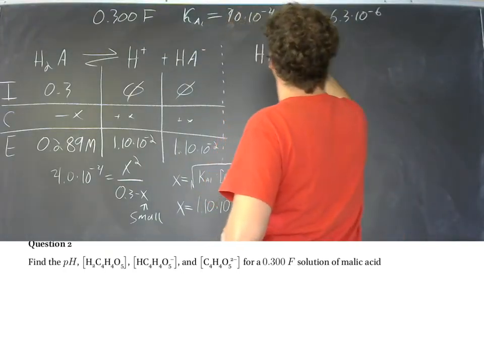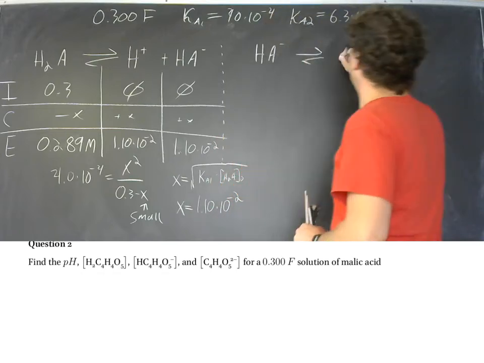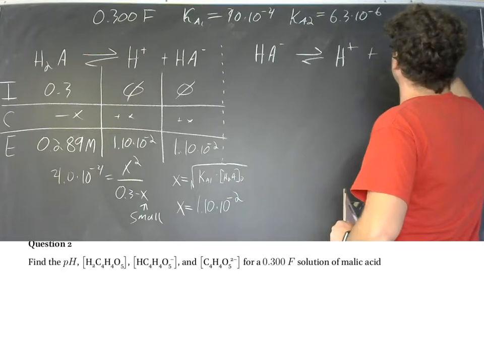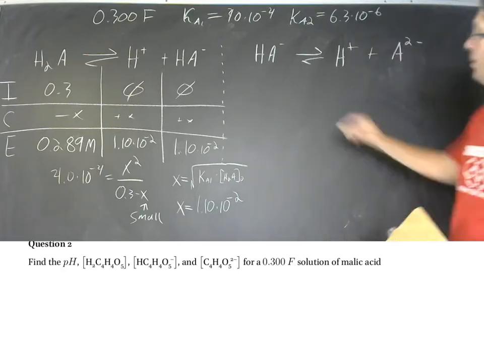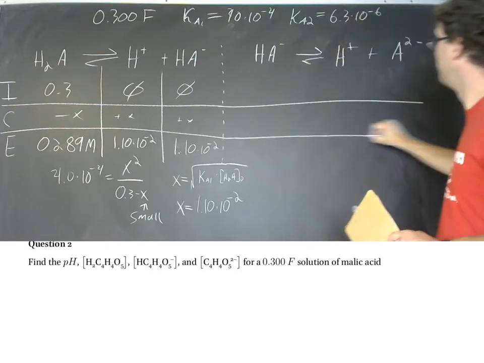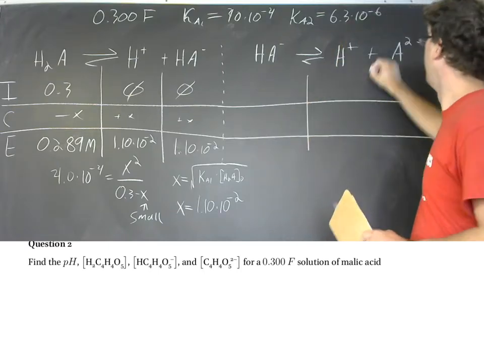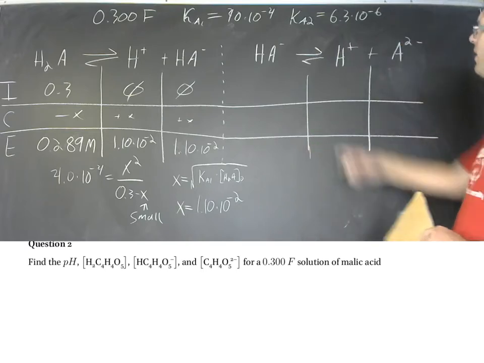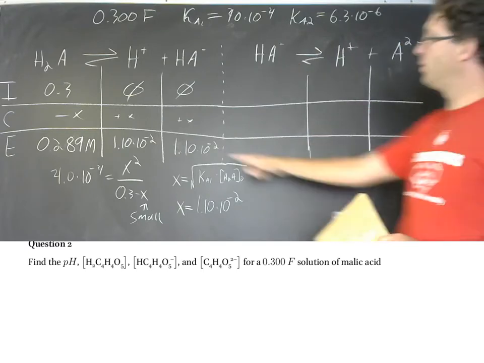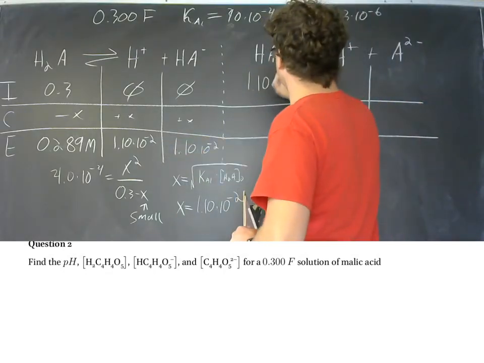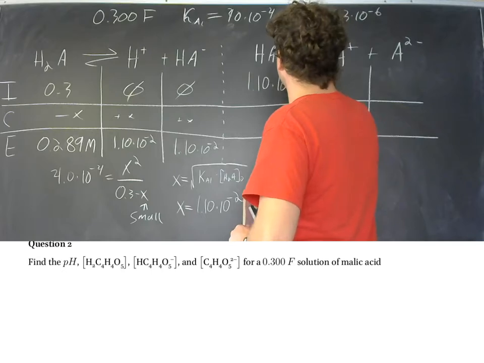HA minus in equilibrium with H plus plus A2 minus, the second protonation of malic acid. Okay, and now what is our initial concentration here? We'll take it from our first ICE table, 1.10 times 10 to the negative second.